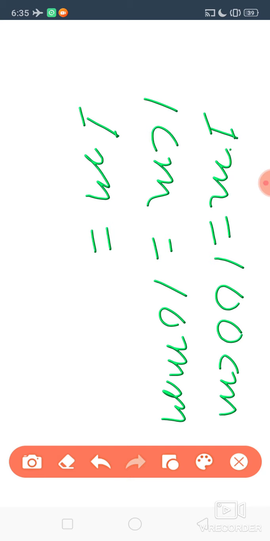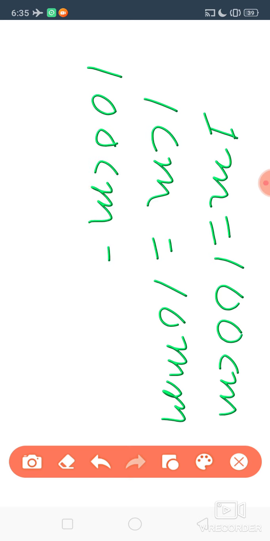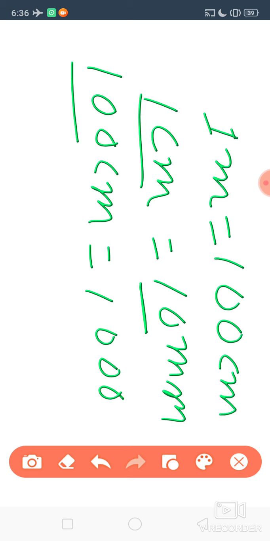100 centimeter. If I ask you, 100 centimeter will be equal to how many millimeter? 1 centimeter is equal to 10 millimeter. So 100 centimeter is equal to 100 into 10, that is 1000 millimeter, isn't it?